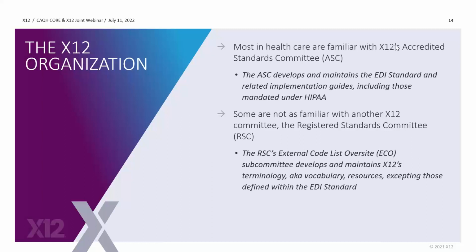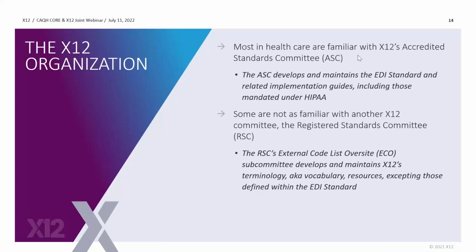We also have the other side, which is the Registered Standard Committee. Those are the groups like the ECHO, like the parliamentary. They basically build out stuff that crosses every line on the left-hand side. So they come up with our word books to harmonize our vocabulary across the guides. They build out our resources on the X12 site.